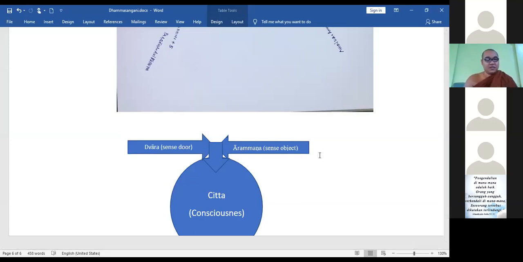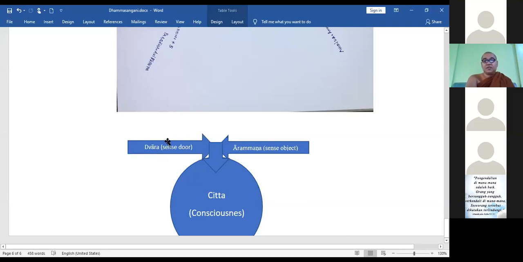All the time we are encountering these sense objects. So we have six channels or six doors within ourselves: eye, ears, nose, tongue, and the body, as well as the mind door.